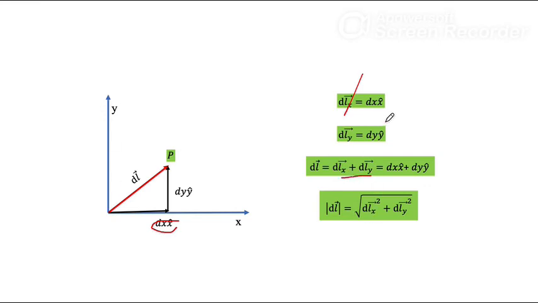These are the two components of the vector along x and y, and dl is the sum of them. So the square root of dx square plus dy square will give you the magnitude of the dl vector.